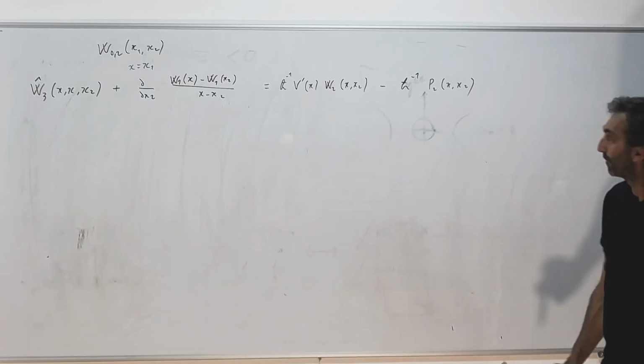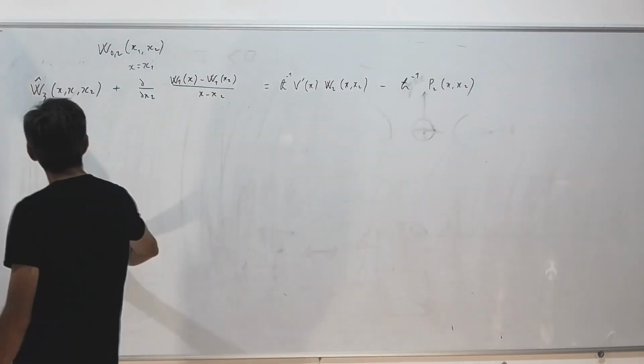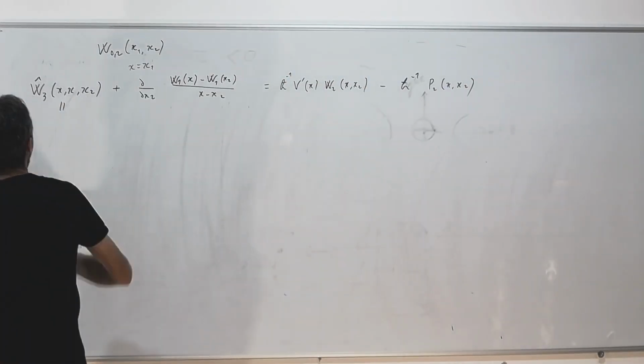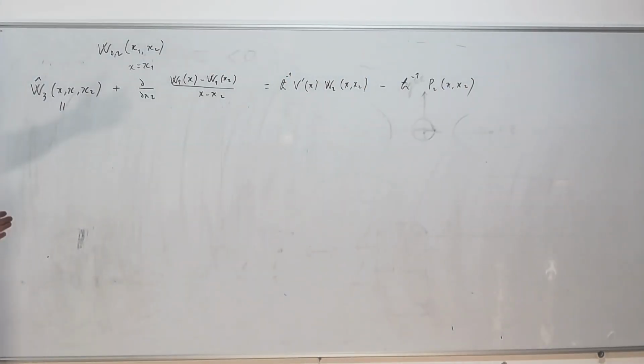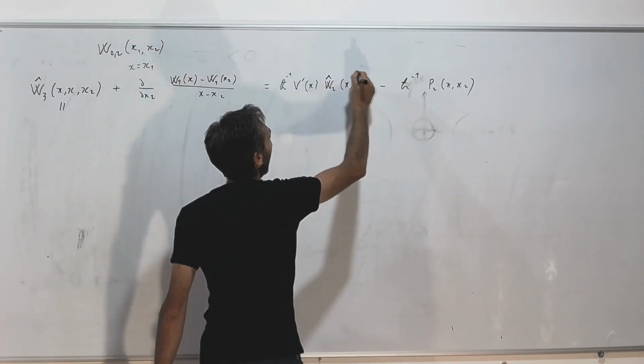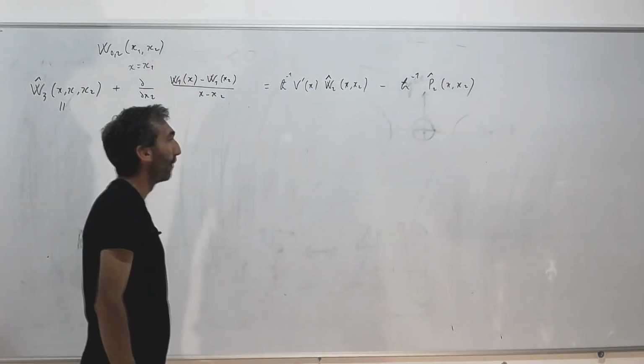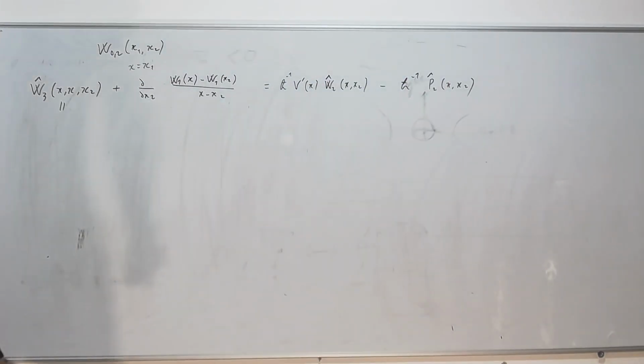So again, we use the asymptotic expansion, and we should expand W3 hat into its cumulant. And let me tell you what you get. Sorry, here it's a hat on the hat. When you expand everything in terms of cumulant, what do you get?